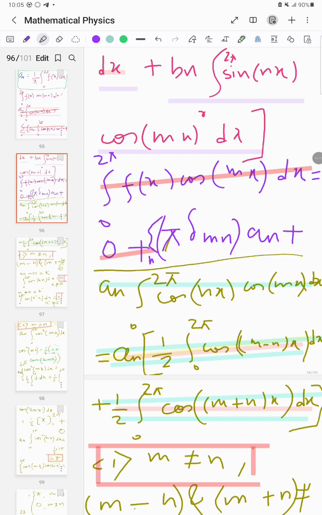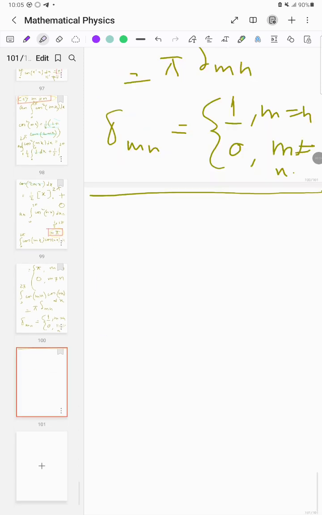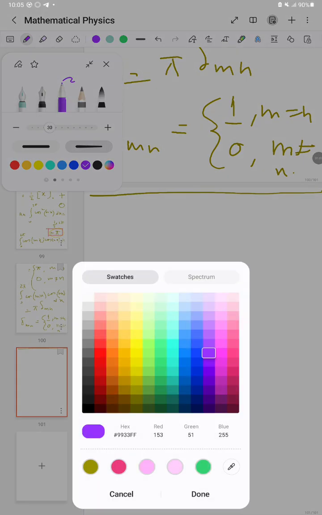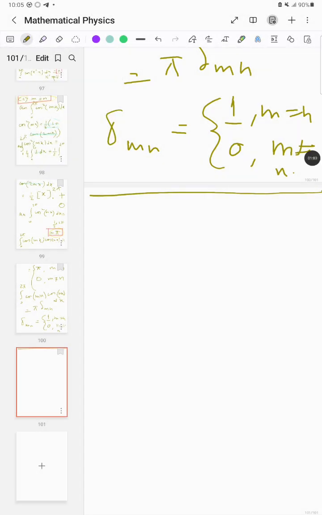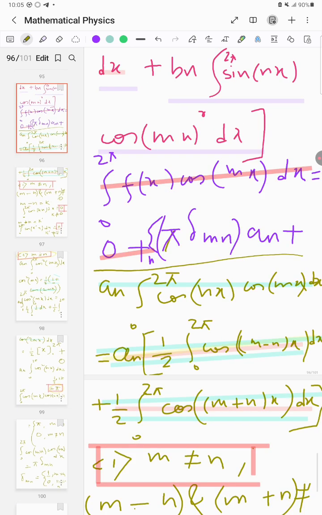Alright, so integration 0 to 2 pi sine nx cos mx will give us what we'll see here. Actually, this is not the end, we have more things to do here. So that part, what does it contain? It contains bn, right?